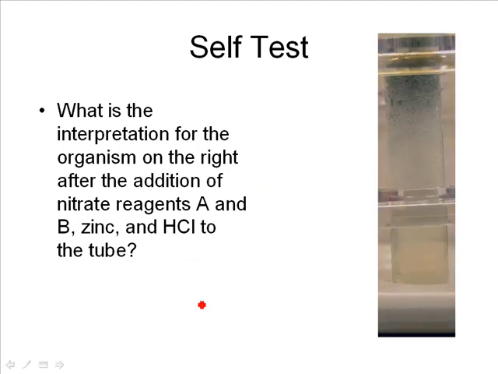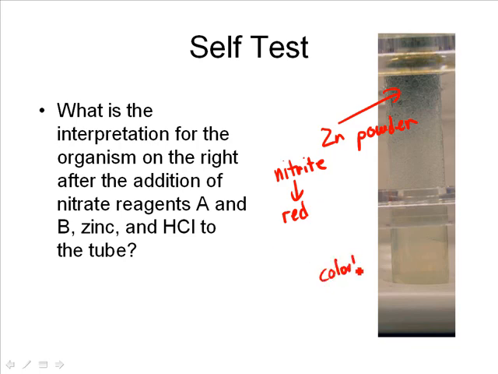Last one now. What's the interpretation of this organism? You could actually see the zinc powder right here. So we've added the zinc, we've added the HCl, we see it's colorless. What is the interpretation? Well, now remember, the reagents A and B are going to look for the presence of nitrite, and if nitrite is present, the tube turns red. However, if the tube remains colorless, that means there is no nitrite.